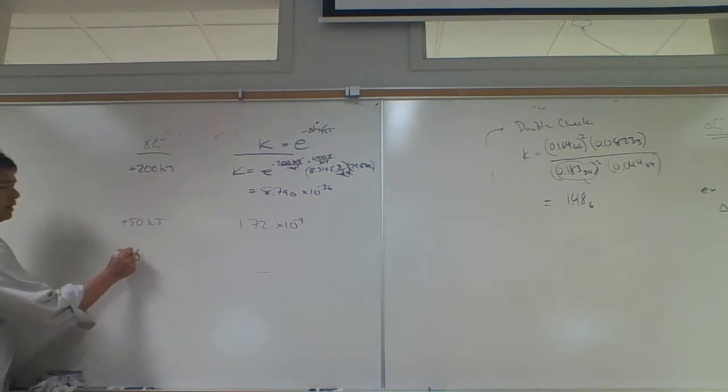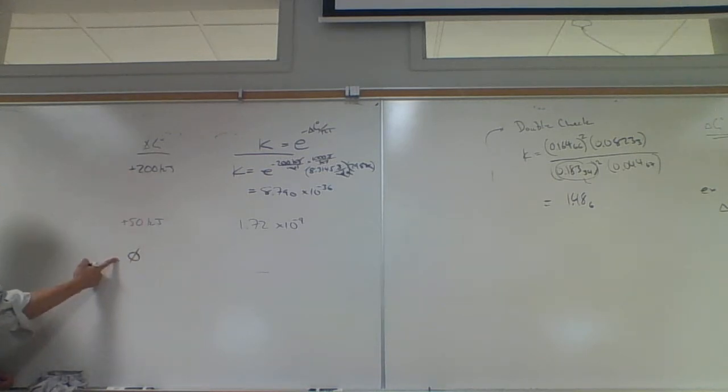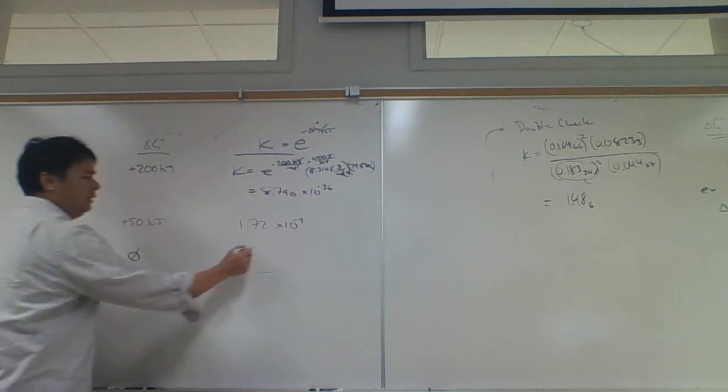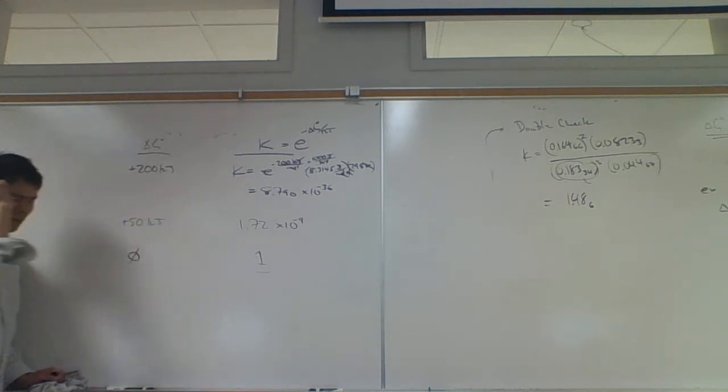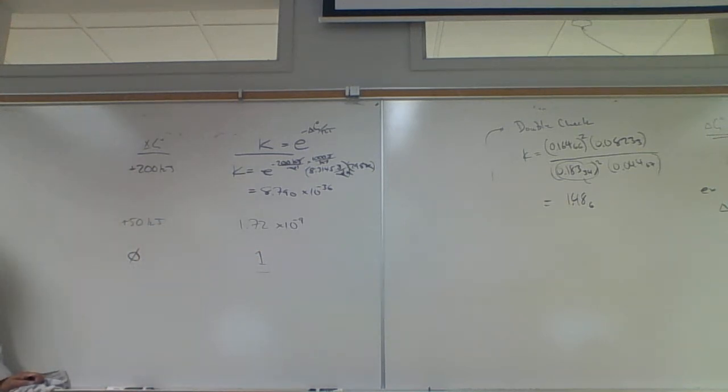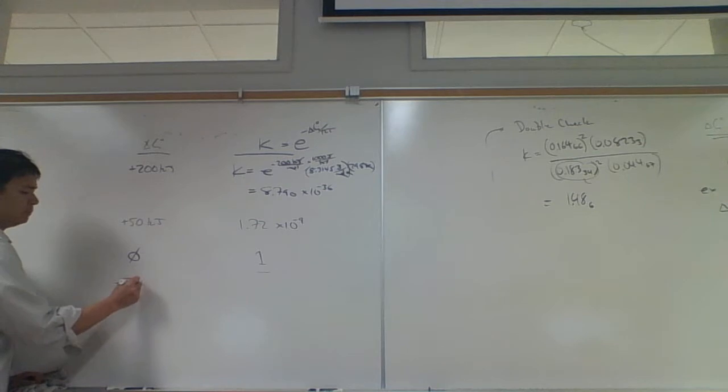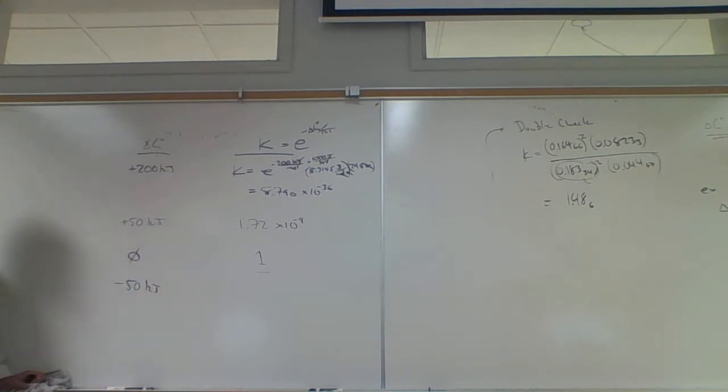If I have a delta G naught of 0, what is my K? 1. And so if delta G naught is 0, then I have more like a 1 to 1 ratio of product and reactant. Minus 50 kilojoules we say is spontaneous, right? And it would be highly spontaneous.